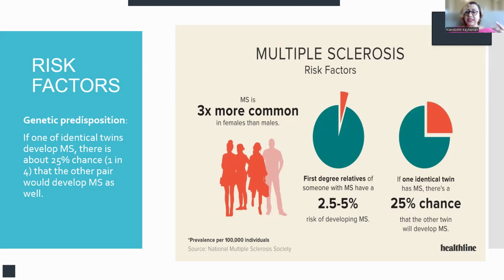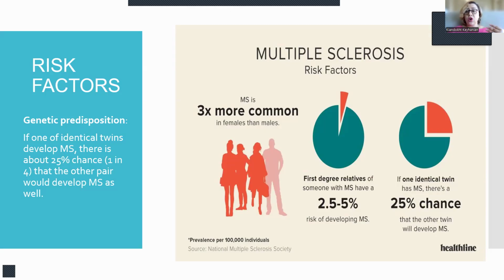Why? Because when they studied identical twins, who share 100% of their genetics, if one of them develops MS, the other one only has about a 25% chance of getting MS. So it's a very increased risk of MS if you have identical genes, but it's not 100%.